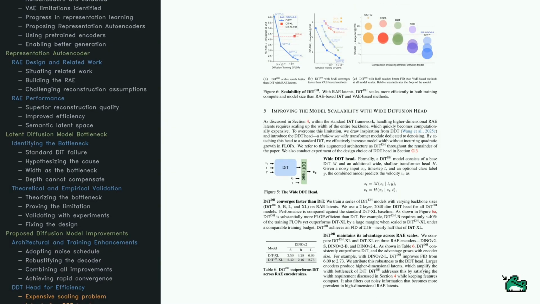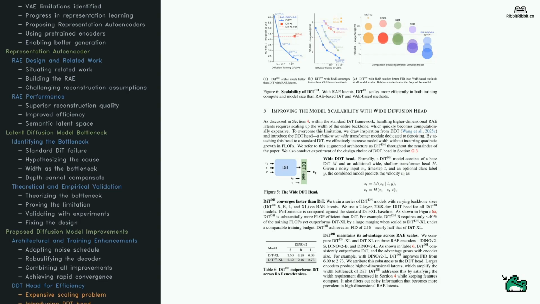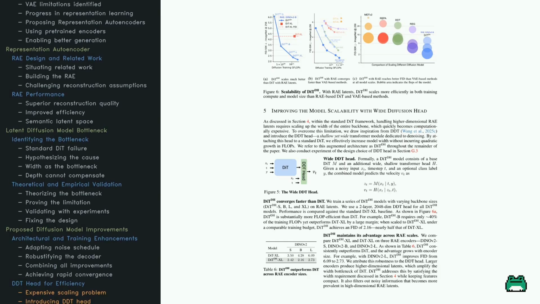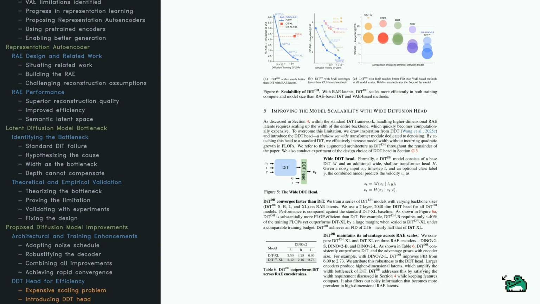So, they have a working recipe, but making the whole model wider is a bit of a brute force solution. It gets very expensive, very fast. Here's where they introduce a much more elegant fix: the wide diffusion head, which they call the DiT-DH head. The idea, shown in Figure 5, is really smart. Instead of widening the whole DiT, they keep the main body of the transformer at a standard, efficient size.